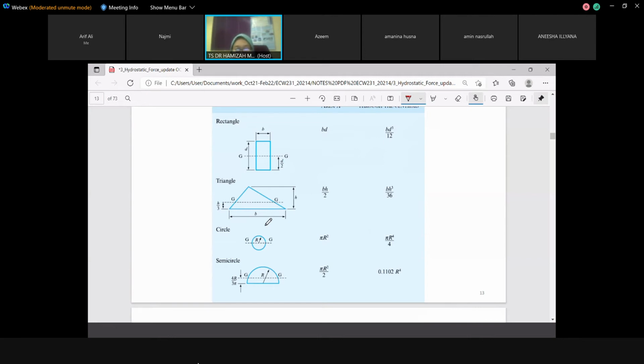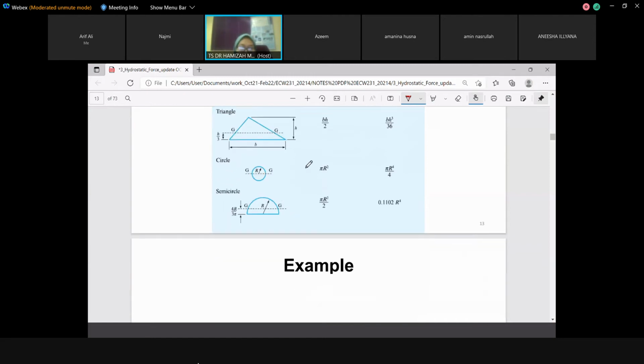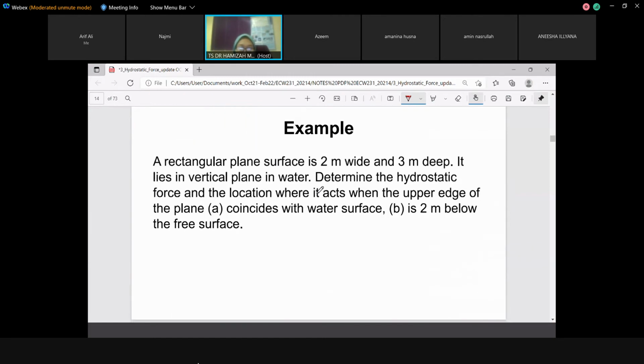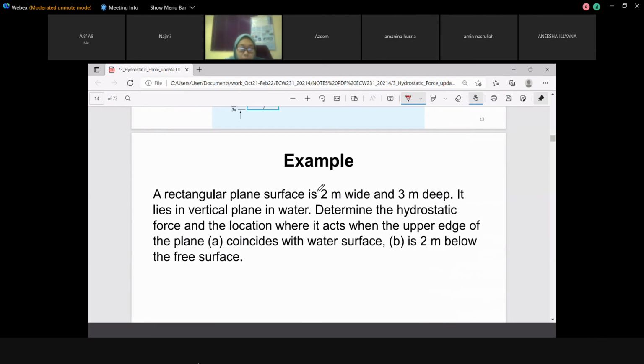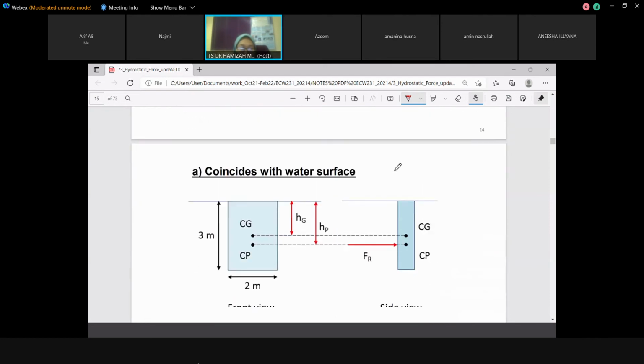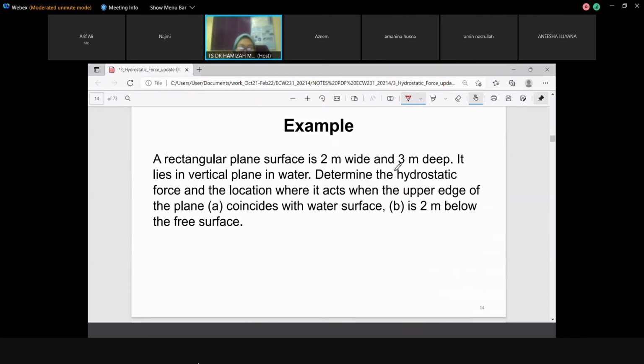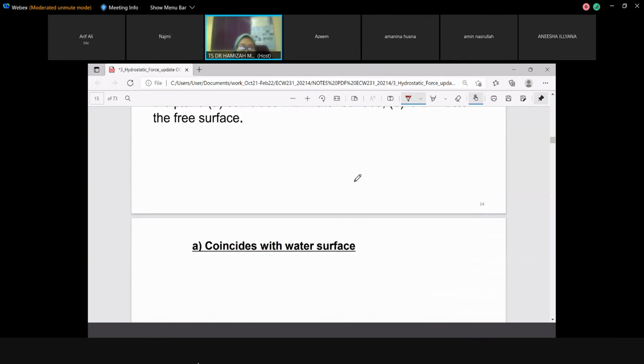Untuk triangle, it also can be used for cone. Okay, I hope that you already went through this one in the video. So, untuk this one ada soalan tak?